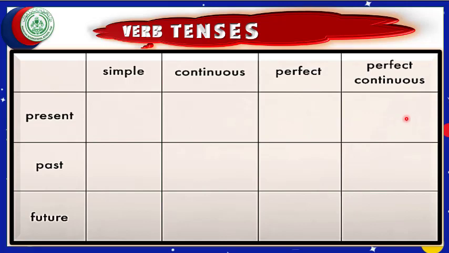When present will join with perfect continuous, it will become present perfect continuous. In the same way, past will join with each aspect to make tenses, and future will also join with each aspect to make tenses.